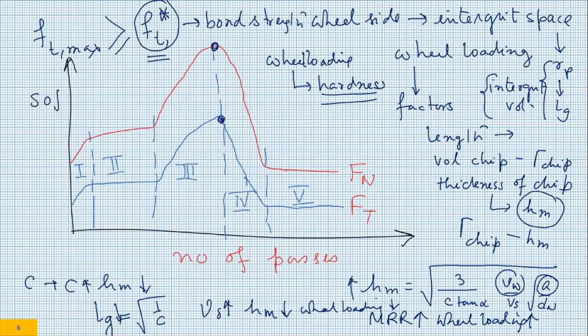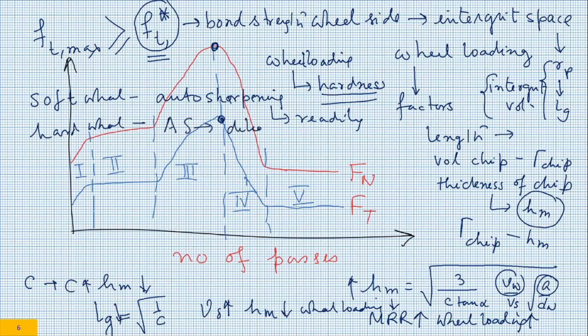So for a soft wheel, auto sharpening takes place readily, whereas for a hard wheel, auto sharpening is delayed. Now the question is auto sharpening good?